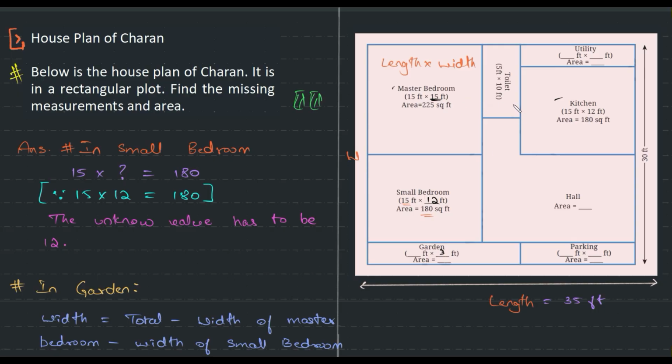Okay, so with that, can I figure out anything else? Yeah, actually even utility is same as length of the kitchen, my bad. Utility's length is the same as that of the kitchen, right?